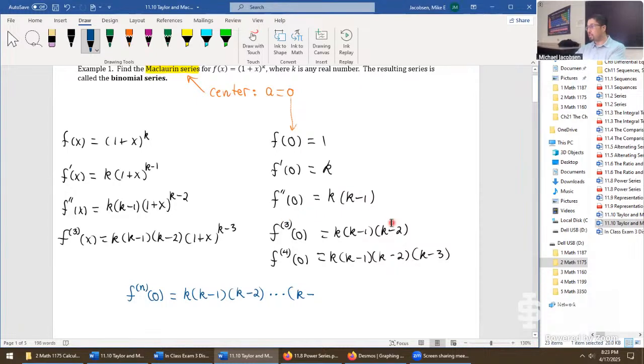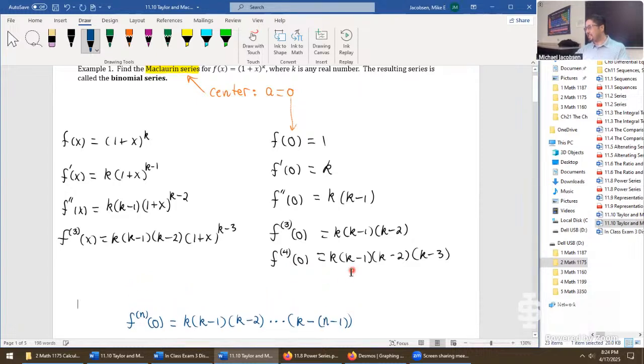The third derivative relates to k minus 2. Fourth derivative relates to k minus 3. So the nth derivative should relate to, let's see here. We already had the k minus. Let me take that back. K minus n minus 1. That may be kind of hard to see. Let me see if this makes sense at the moment. Can we fit that in on this one is the test.